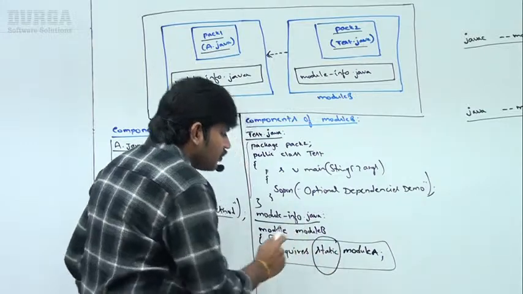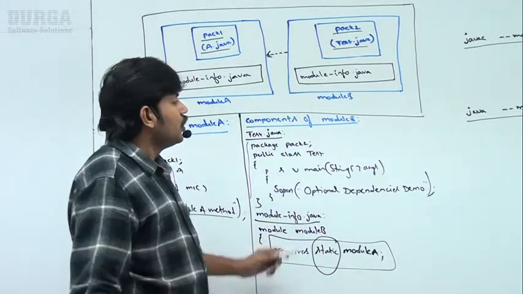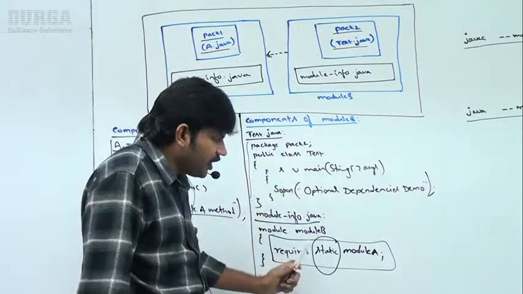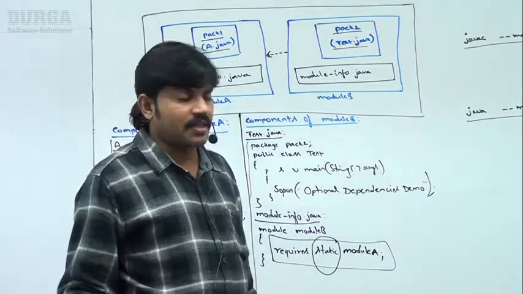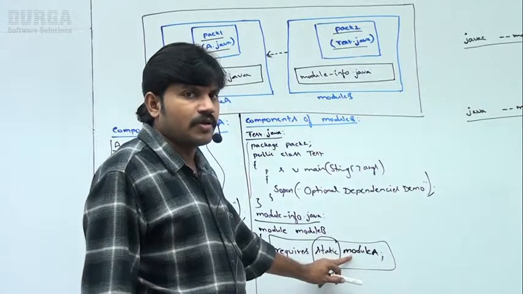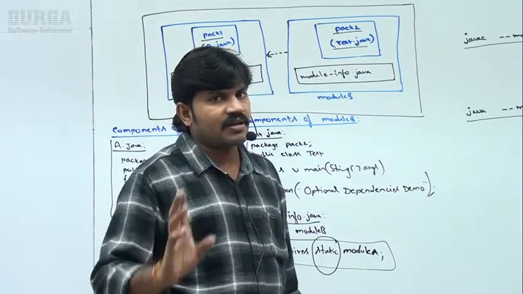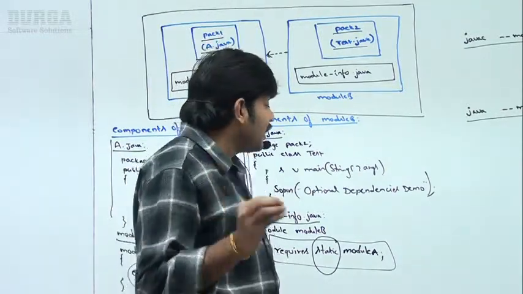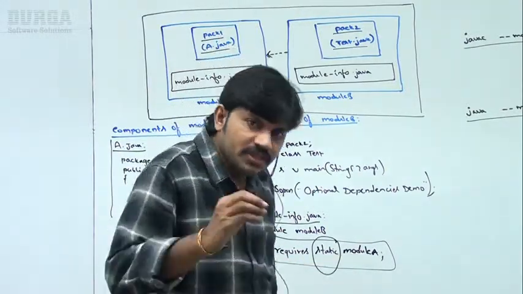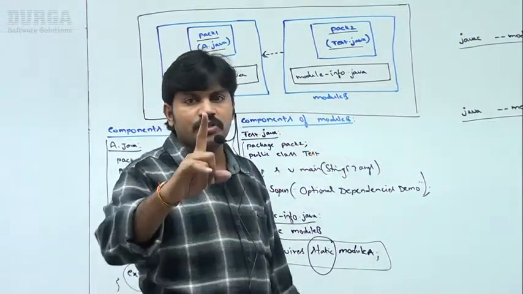Make sure, sir, at compile time, if you want to compile module B, module A should compulsorily be available. Remember that, sir, the compiler is always going to check whether module A is available or not. If module A is not available at compile time, then the code is not going to compile. So at compile time you have to provide module A for module B, then only the code is going to compile.